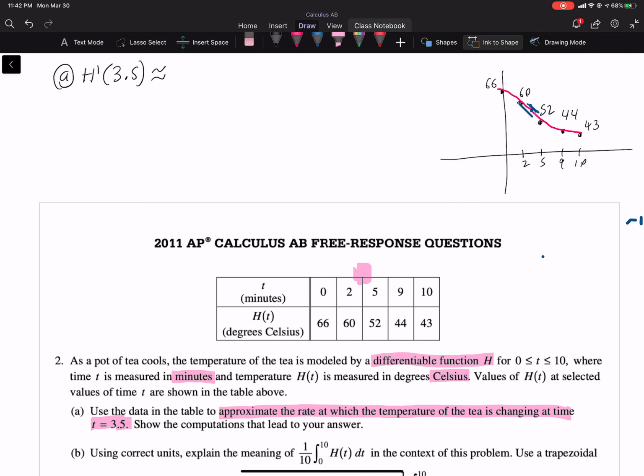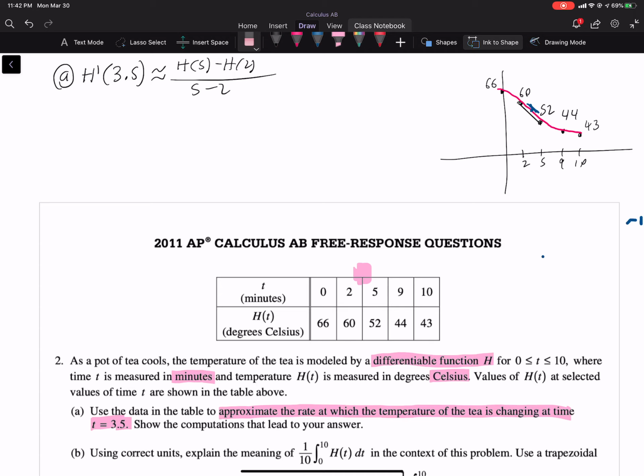So if we find the slope between these 2 points, that will approximate the slope of the tangent line. So basically it's the average rate of change. So we're going to find the average rate of change between 2 and 5. That's h of 5 minus h of 2 over 5 minus 2.